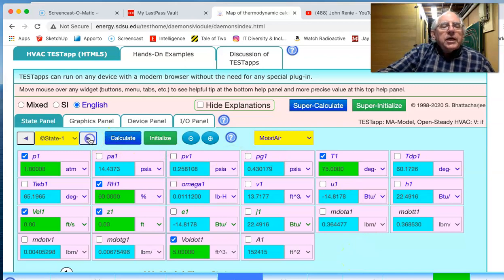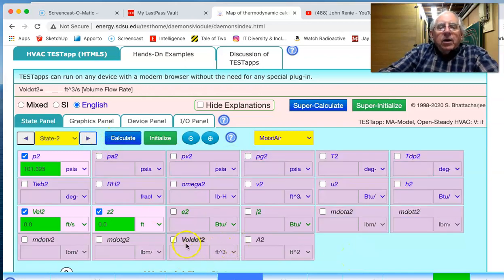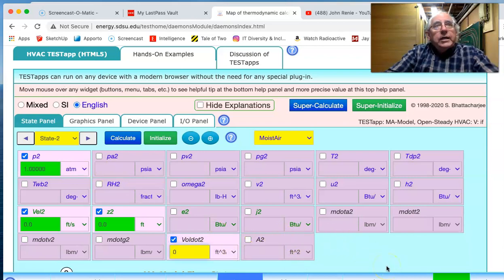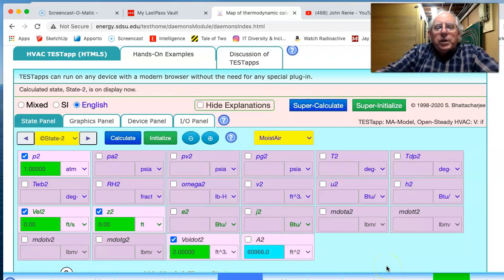We now go to state 2, which is the outside air. What we know about the outside air is that it also is at an atmospheric pressure of 1, it has a volume flow rate of 120 divided by 60, or 2 cubic feet per second.